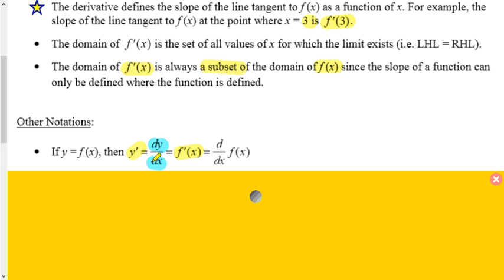So best for us to think this means the derivative of y with respect to x. Over here, this says the derivative with respect to x of the function f of x. So all four of these notations are saying the same thing. All of them are saying we're finding a derivative function for whatever this function is, y equals f of x.